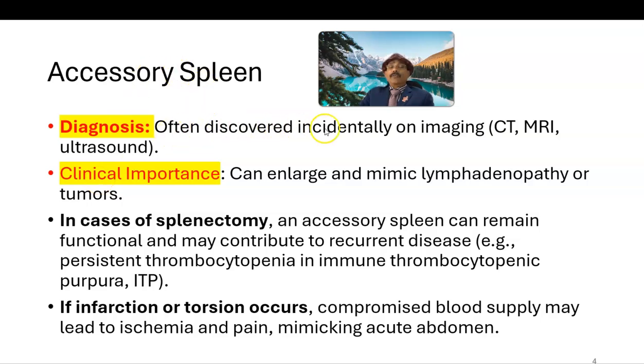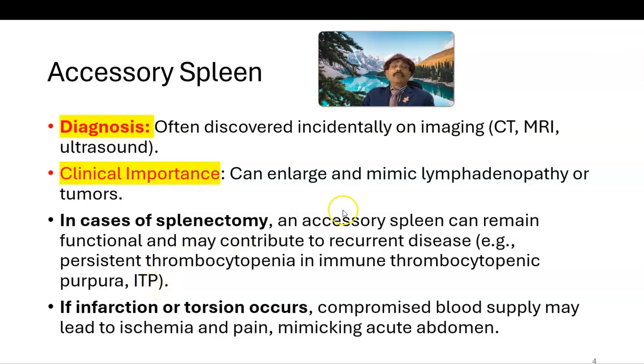Diagnosis: an accessory spleen is often discovered incidentally on imaging, CT, MRI, and ultrasound. Clinical importance: it can enlarge and mimic lymphadenopathy or tumor. In case of splenectomy, an accessory spleen can remain functional and may contribute to recurrent disease, that is, persistent thrombocytopenia in immune thrombocytopenic purpura, or ITP.